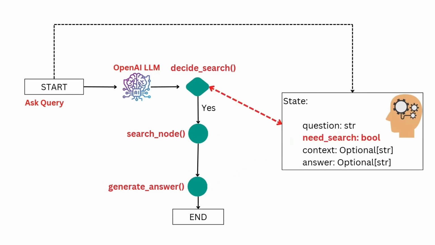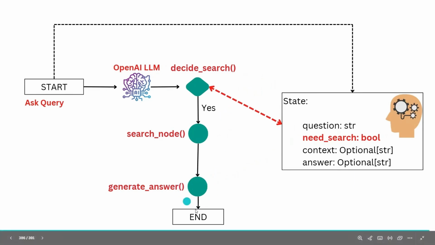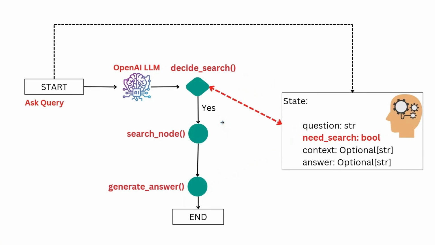Now, let's talk about the second use case. If the decide_search function plans to call the generate_answer function, as our LLM is capable enough to answer the question by itself, it will update the shared state need_search value to no. It will completely skip the search_node function or step.